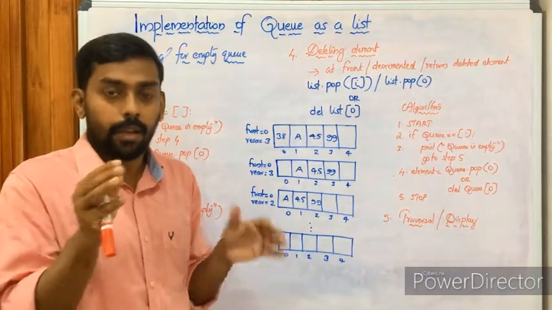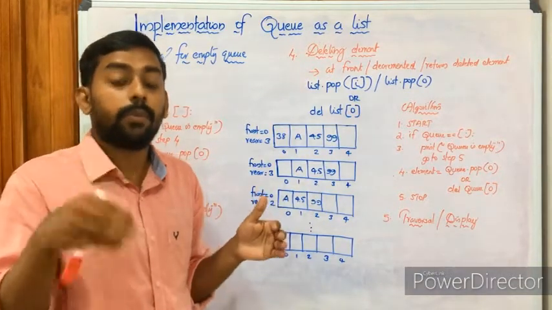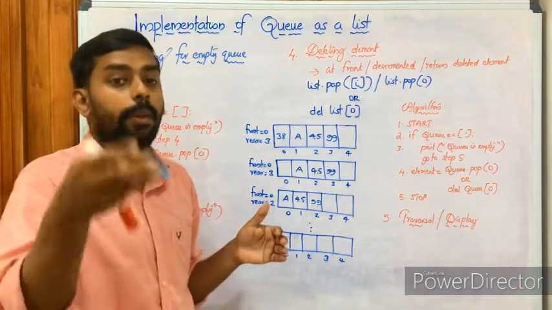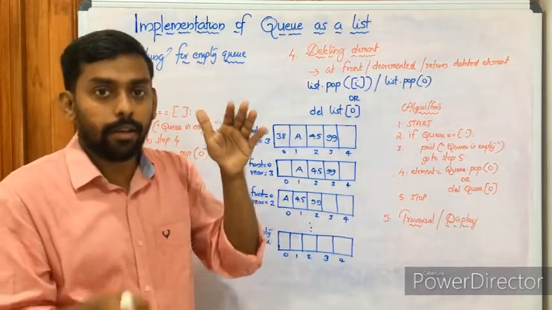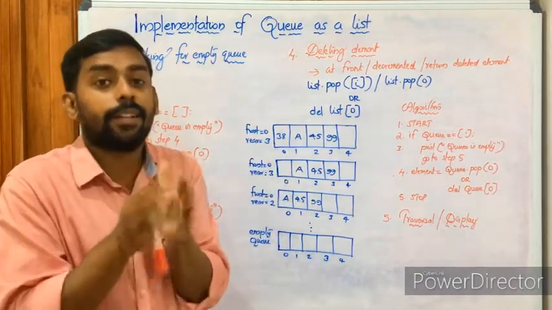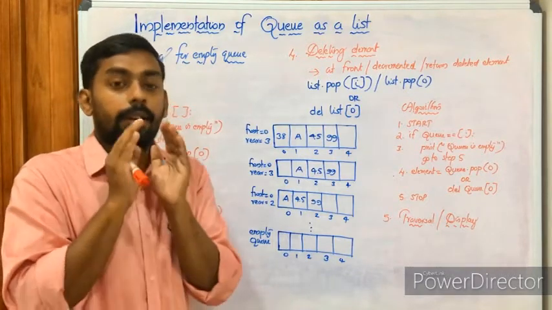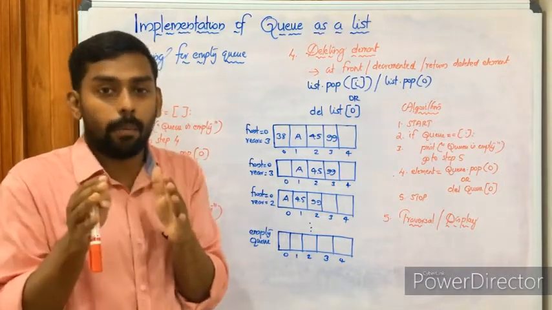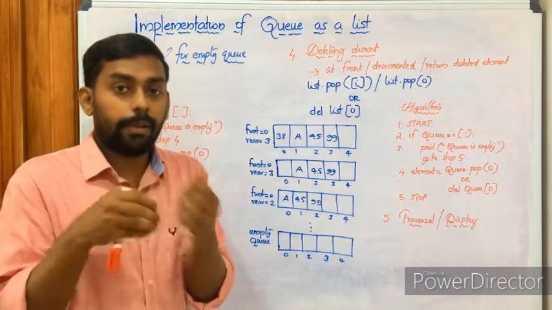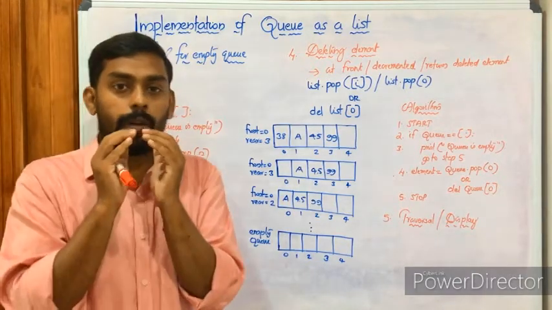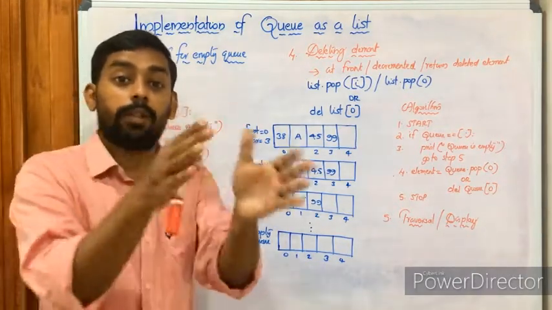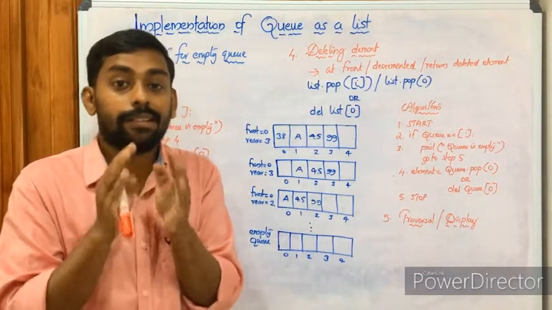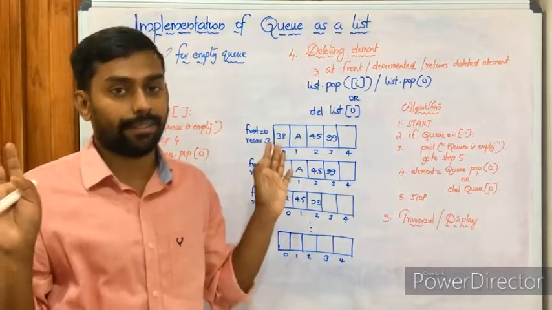The concept is somewhat the same everywhere, but you have to implement it, showing the steps, showing the operations, restricting the operations. That's the correct statement: restricting or limiting the operations, meaning limiting insertion only through the rear end, and restricting deletion only through the front end. That's it.